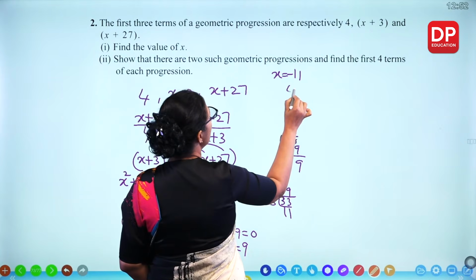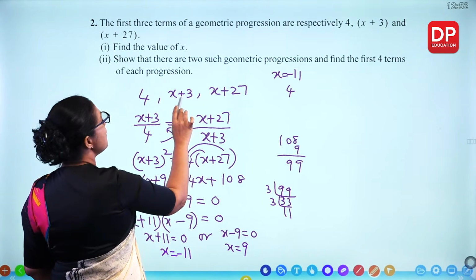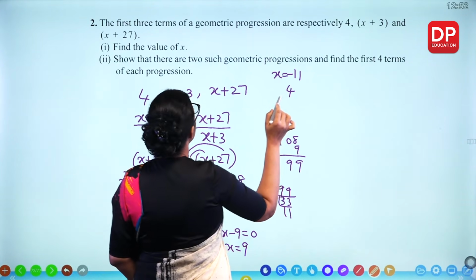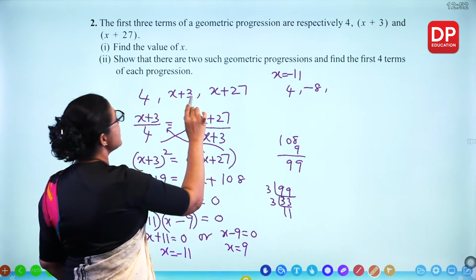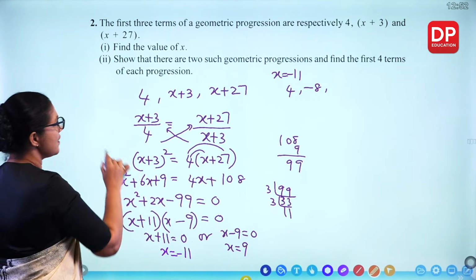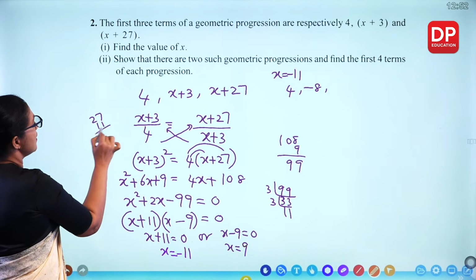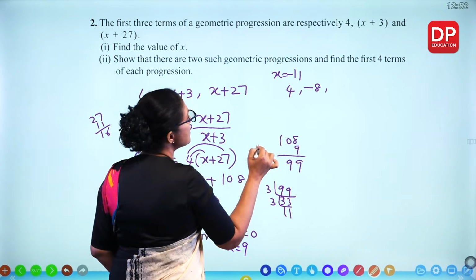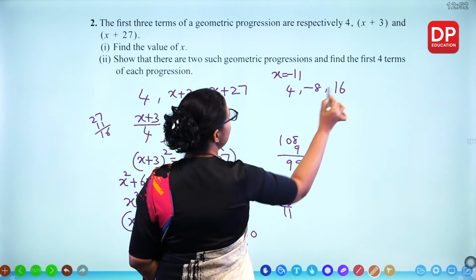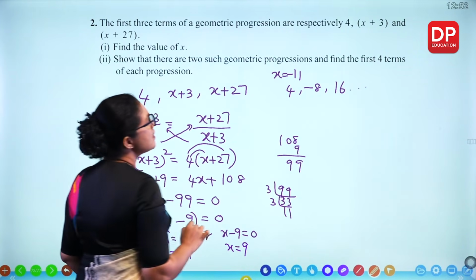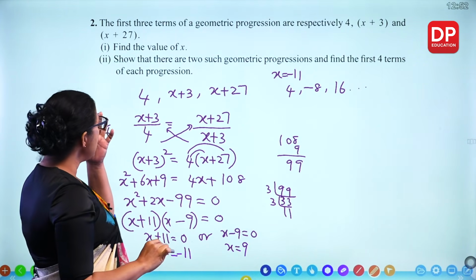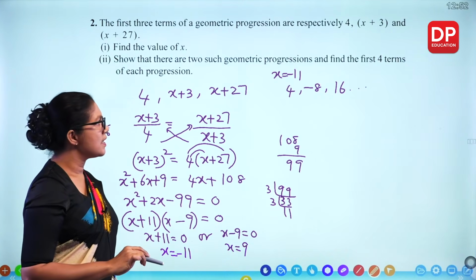You get 4, minus 11 plus 3, minus 8, minus 11 plus 27, you get 16. That's the first 3 terms. But we need the first 4 terms.